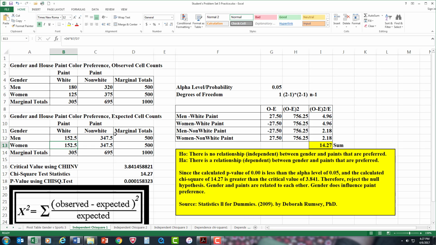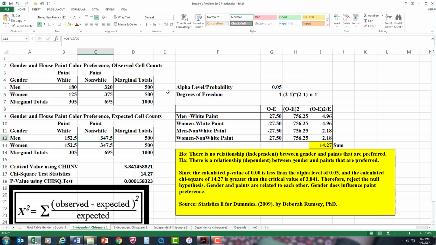Click into the cells so you can see the actual formula that I did, and it should add up to the same totals that I have up here. Observed is what you have collected. Expected is what you think the totals in each cell will be. Remember, this is all frequency count.